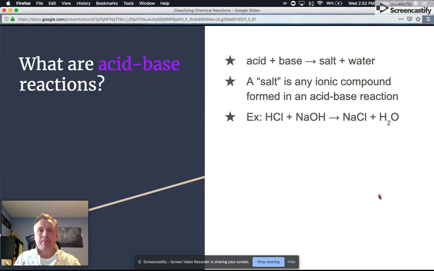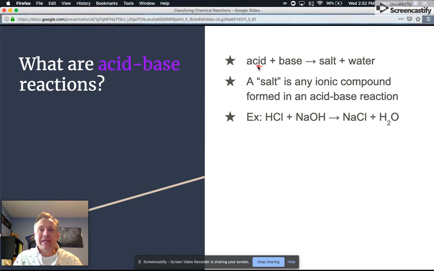Acid-base reactions. You'll see a couple of different things with these, but we've learned about acids and bases. We know that acids are things that donate hydrogen, right? And bases are things that donate hydroxide, or OH. And we know that the water molecule is a combination of OH and H to form H2O, or water.